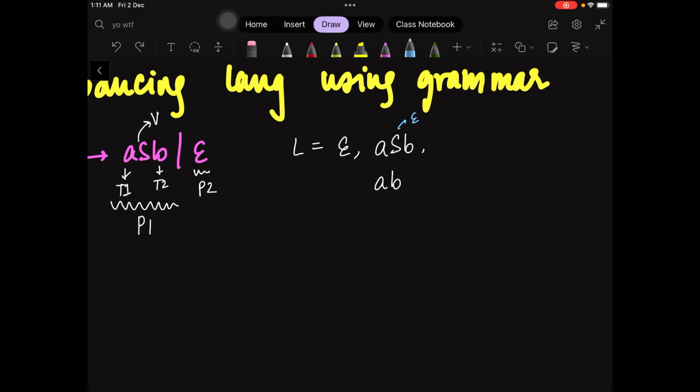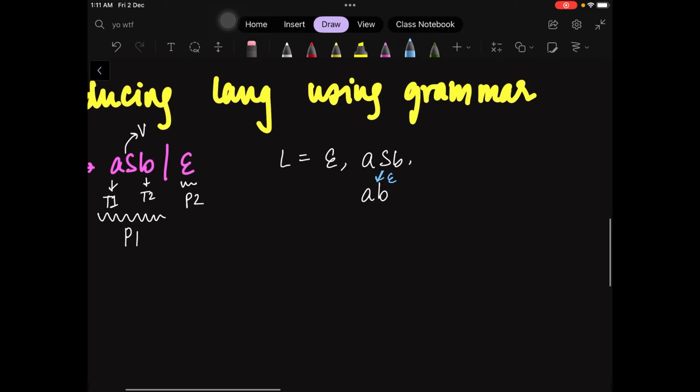If we have substituted the S with epsilon, what if we substitute S with ASB again? Then you're left with ASB, and then B. I hope you understand that this one comes from S substitution.